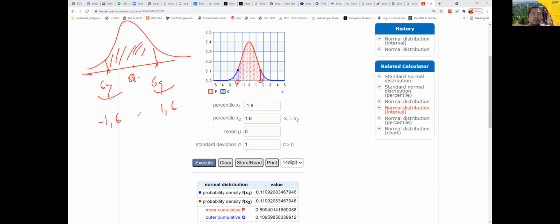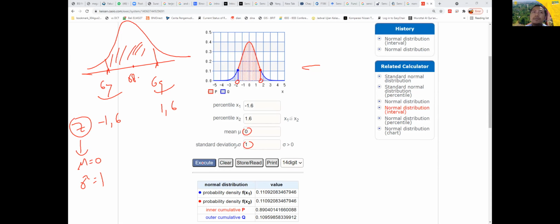So this distribution, because you already normalize into z, the z has mean equal to 0 and the standard deviation equal to 1. So you can use this graph. You can put here percentile -1.6, and the second point is 1.6, and then you can calculate with mean 0 and standard deviation 1, because you already normalized to the z random variable.